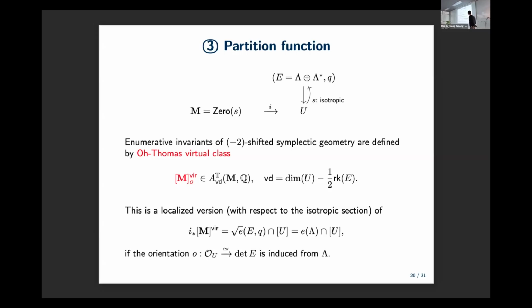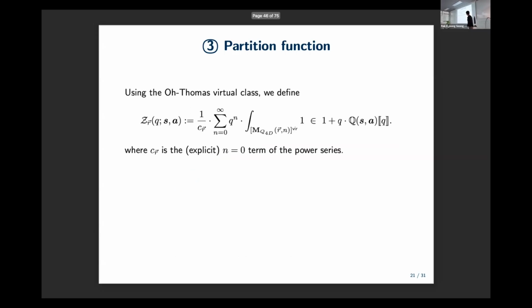But if you choose it from lambda, then this becomes the Euler class of lambda. Okay, now using this orientable virtual class, we can define the origami partition function in this way. So we just integrate one against the virtual class and take a generating series, except that we normalize by what comes as a result of the n equals 0 part of this.